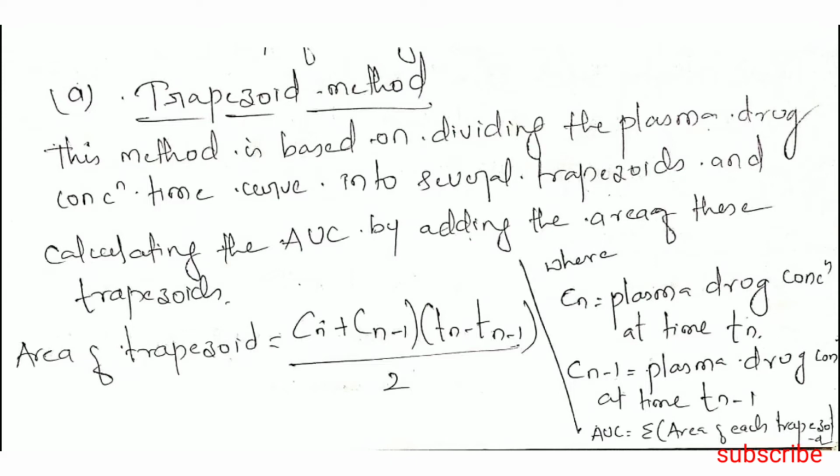Area of trapezoid is equal to (Cn plus Cn minus 1) into (Tn minus Tn minus 1) divided by 2, where Cn is equal to plasma drug concentration at time Tn and Cn minus 1 is equal to plasma drug concentration at time Tn minus 1. AUC is equal to the summation of the area of each trapezoid.